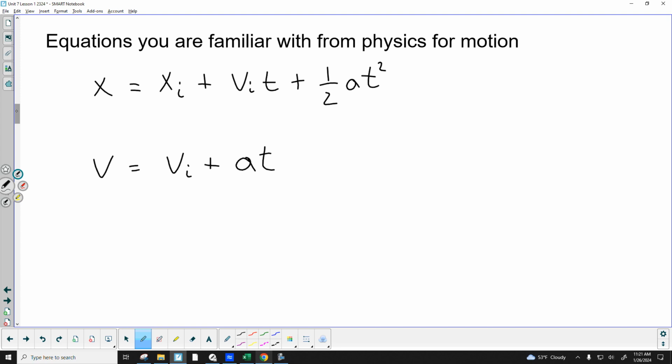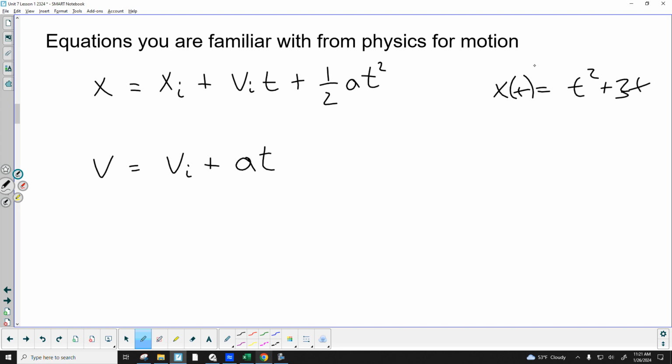But here's something that you are familiar with, okay? These were equations that were given to you. We will be given equations with t's. Like this.